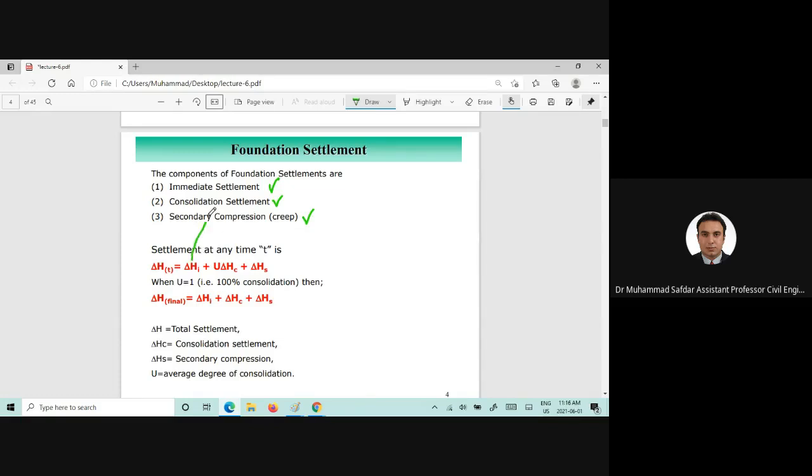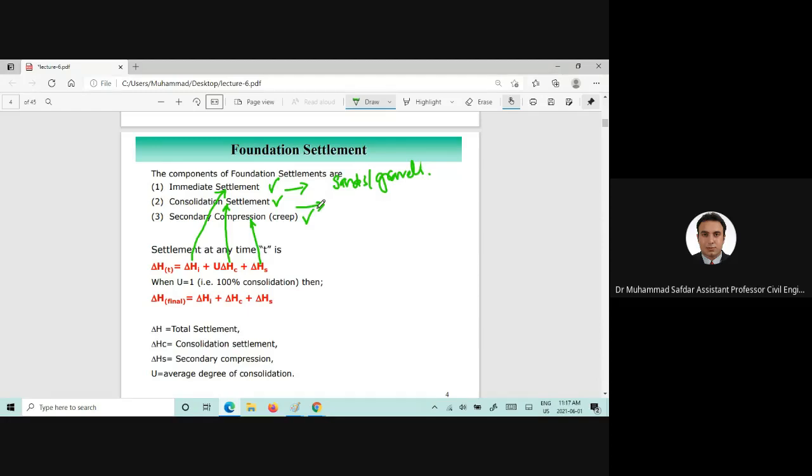Delta H_i is the immediate settlement, delta H_c is the consolidation settlement, and delta H_s is the settlement occurring due to creep, or time-dependent particle reorientation, in organic soil. The immediate settlement is particularly dominant in sands and gravels.